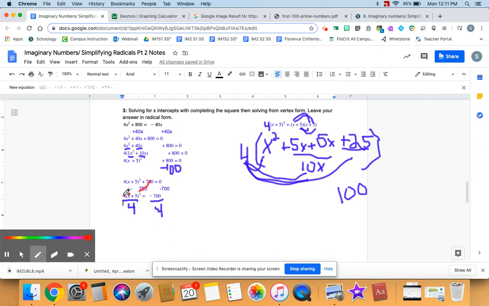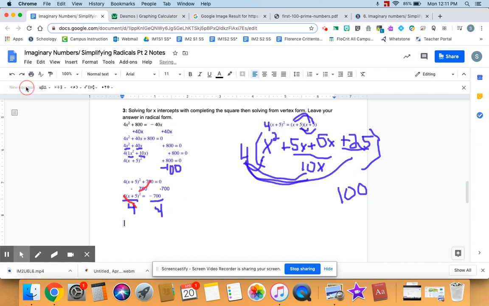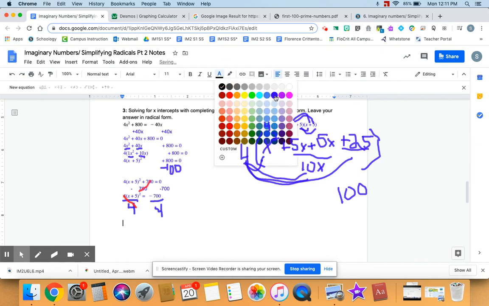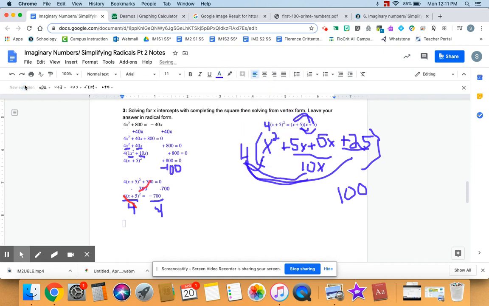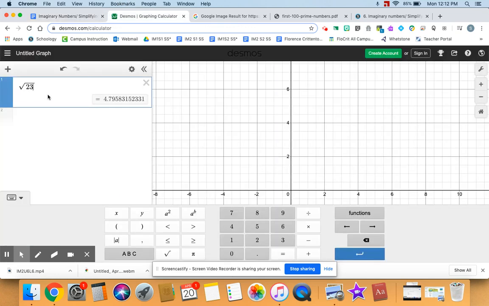So this side, the 4 divided by 4 cancels and turns into just 1. Then I'm left with parentheses, x plus 5 still, being squared, equals negative 700 divided by 4.